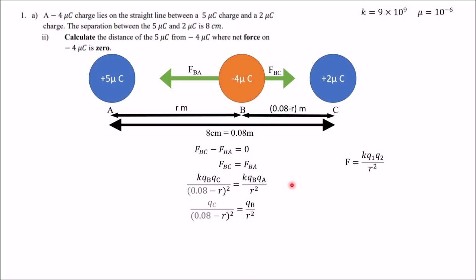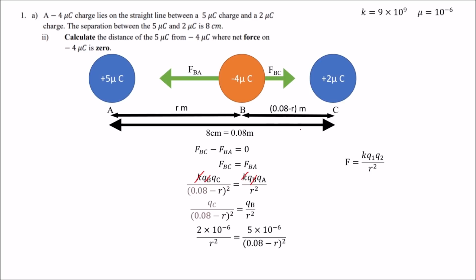Okay, and then you can simplify it by deleting the same value, because the k over here you can erase, and so you get Q_C over this distance equals Q_A over the distance. Okay, so when you put in the value, remember, don't put any sign, because we are now only calculating the magnitude.